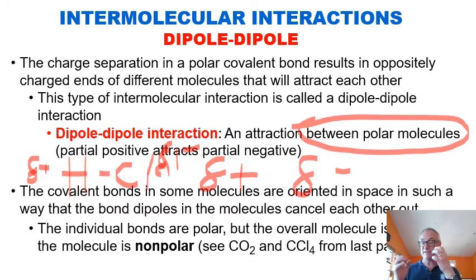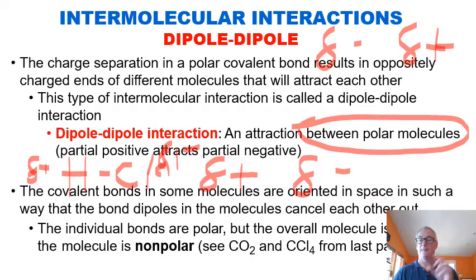Those molecules will orient themselves in space so that the slightly negative and slightly positive sides interact with each other. That is a pretty strong interaction. We call that dipole-dipole because you need to have a dipole on one molecule to interact with the dipole on the other molecule.